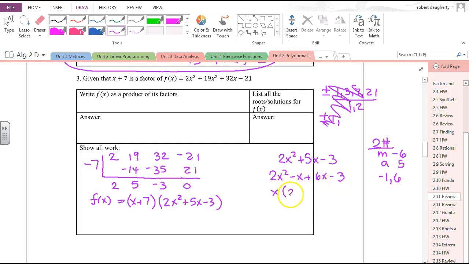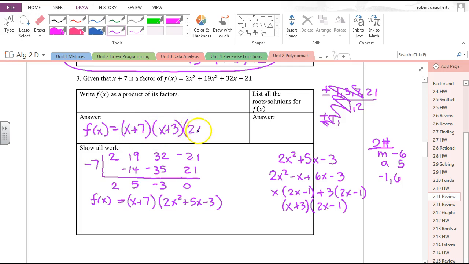Factor out the x: 2x minus 1, plus factor out the 3: 2x minus 1. So this is x plus 3 times 2x minus 1. My final factorization is f of x equals x plus 7, x plus 3, and 2x minus 1.